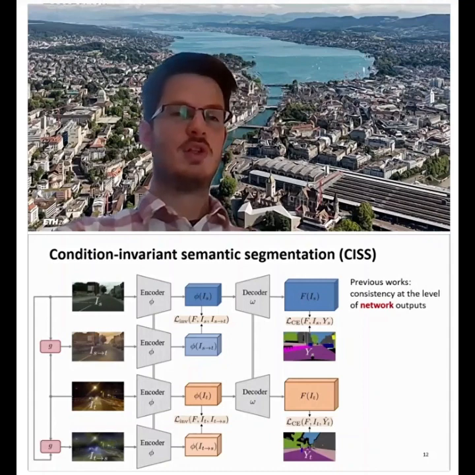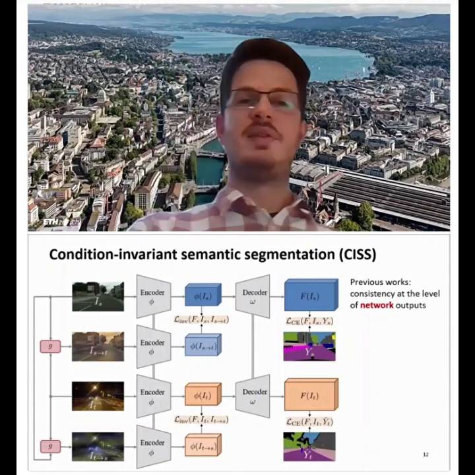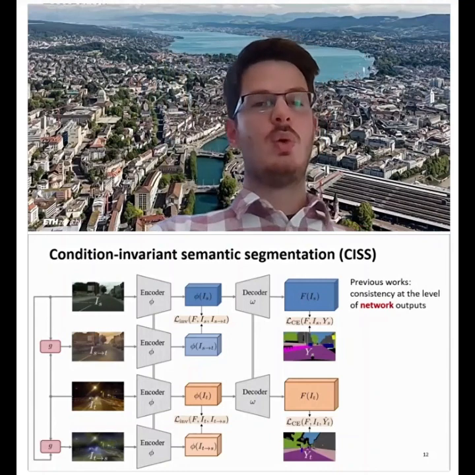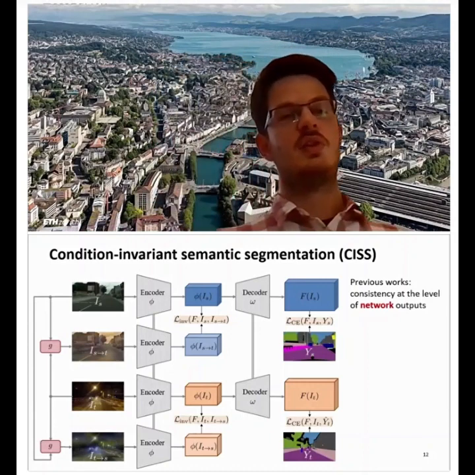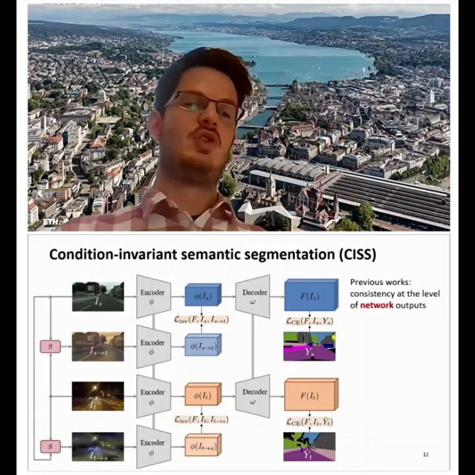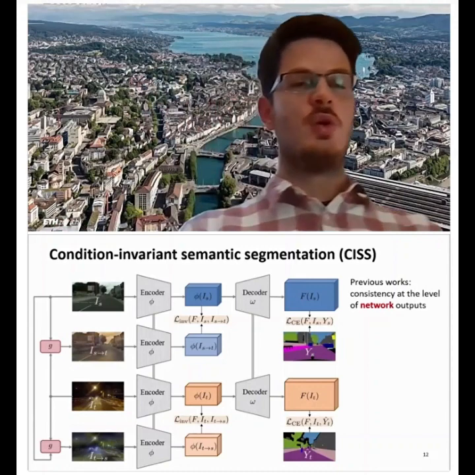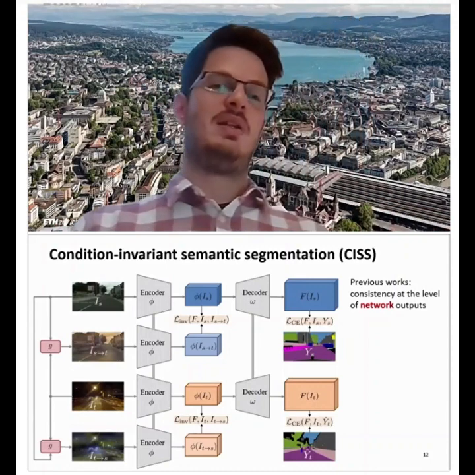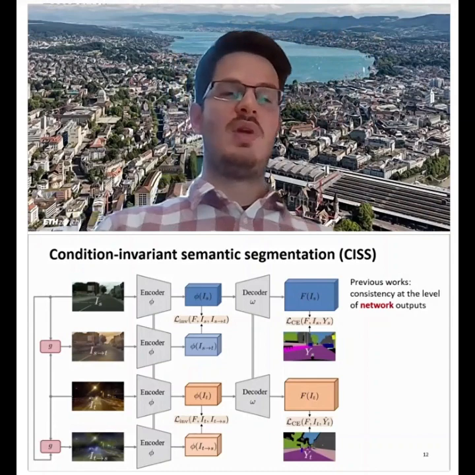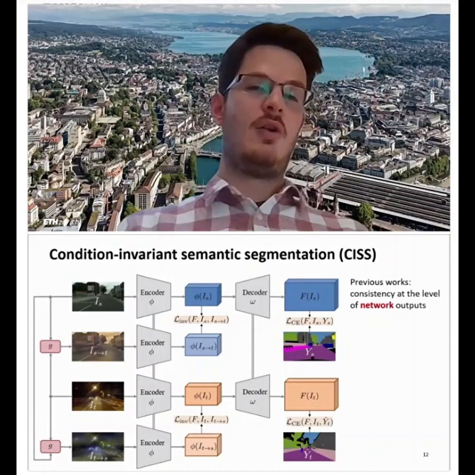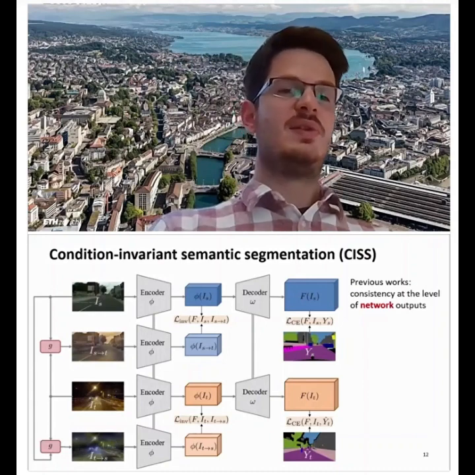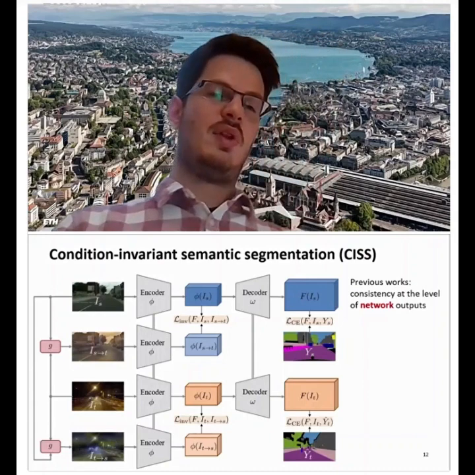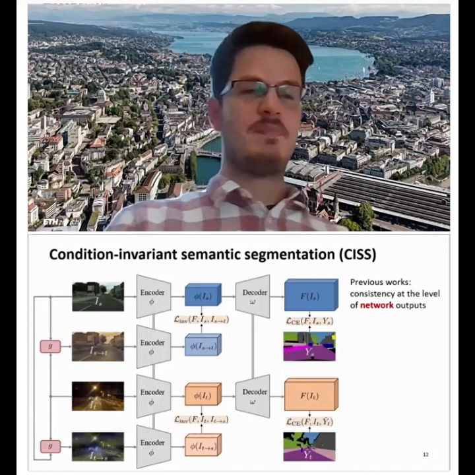So first, I will talk about our condition invariant semantic segmentation method. So here is the complete overview of the method. We consider an unsupervised domain adaptation setup, where we denote the source domain by S and the target domain by T. And we see here in our architecture, we can have input images, IS and IT, to the network from both domains.